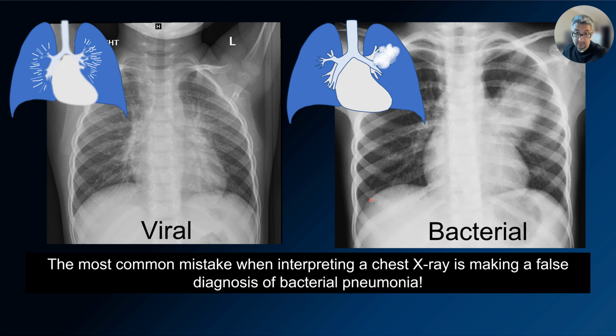But it's not always possible to differentiate them because there is always a combination of infections and there are overlapping features. And the most common mistake when interpreting an X-ray is making a false diagnosis of bacterial pneumonia. This is happening because of interpreting the atelectasis as consolidation.